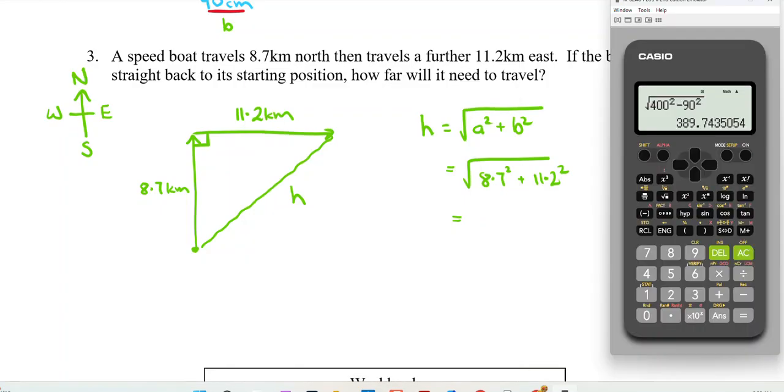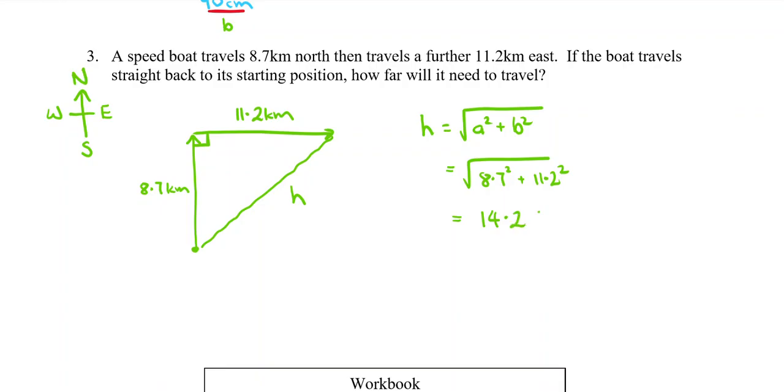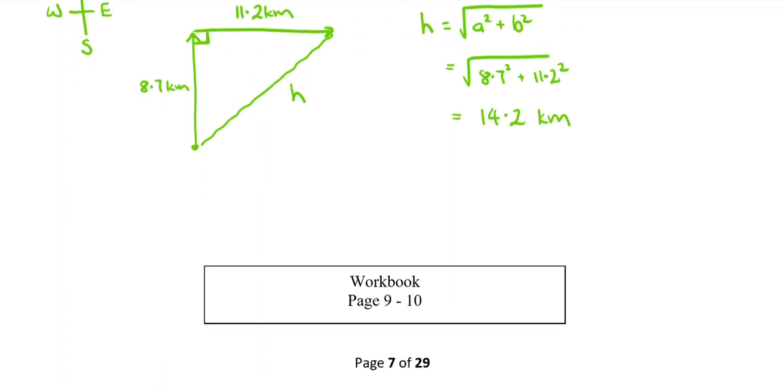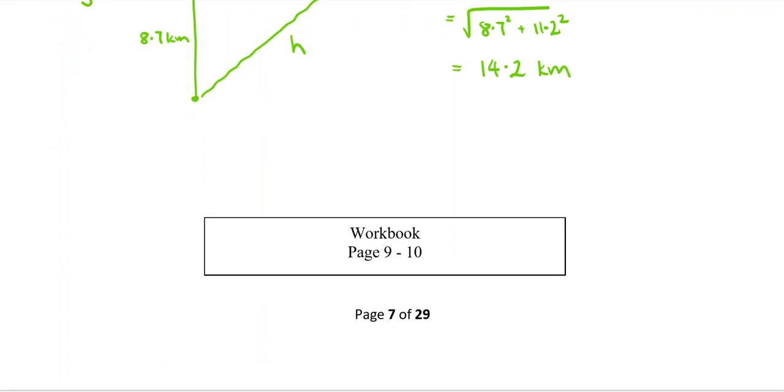Putting that in the calculator, to 1 decimal place, we get 14.2, and that would be kilometres. So they have to travel 14.2 kilometres to get back to the start. Okay, so the Pythagoras theorem part is the same, just getting those diagrams right to start with. So let's practise that in our workbook now on pages 9 and 10.